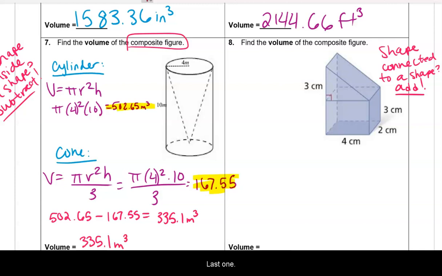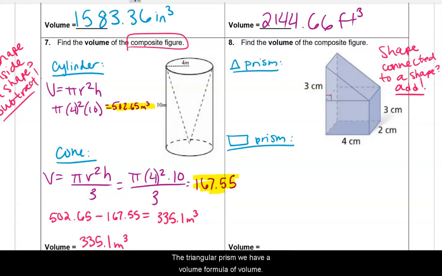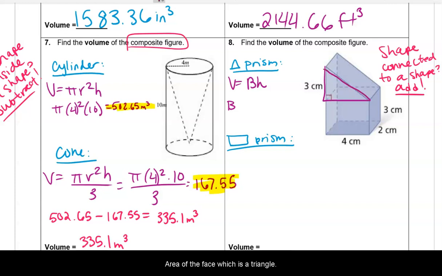Awesome. Last one here. We have a triangular prism and a rectangular prism. So for the triangular prism, we have a volume formula of volume equals big B times H, where big B represents the area of the base, which is a triangle.